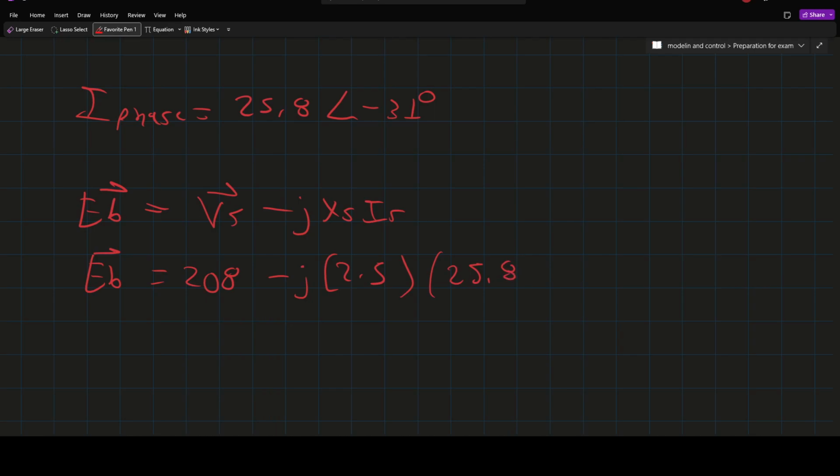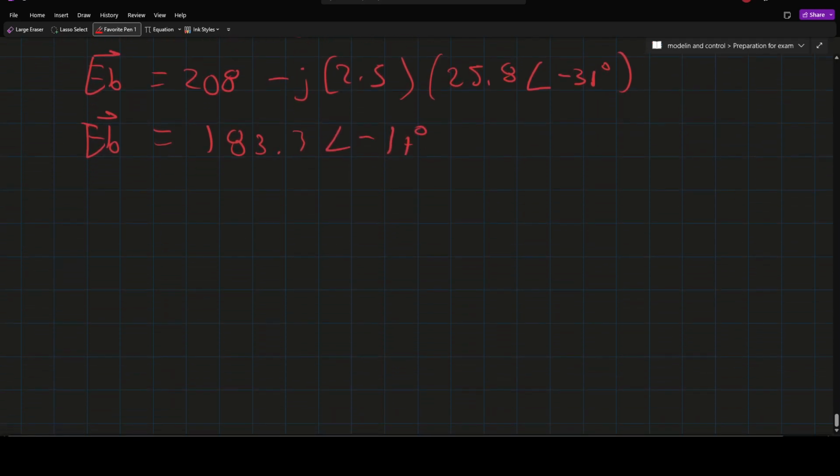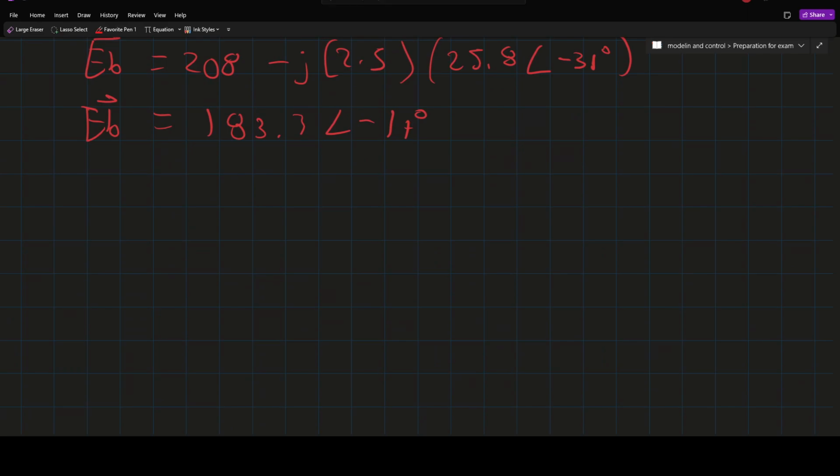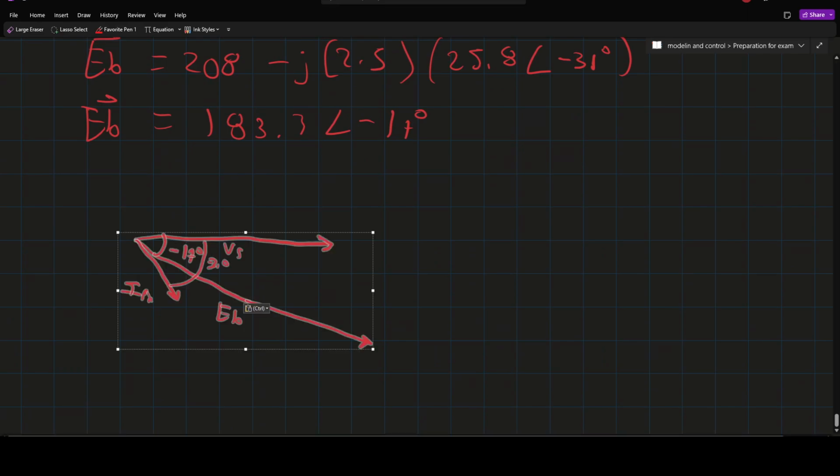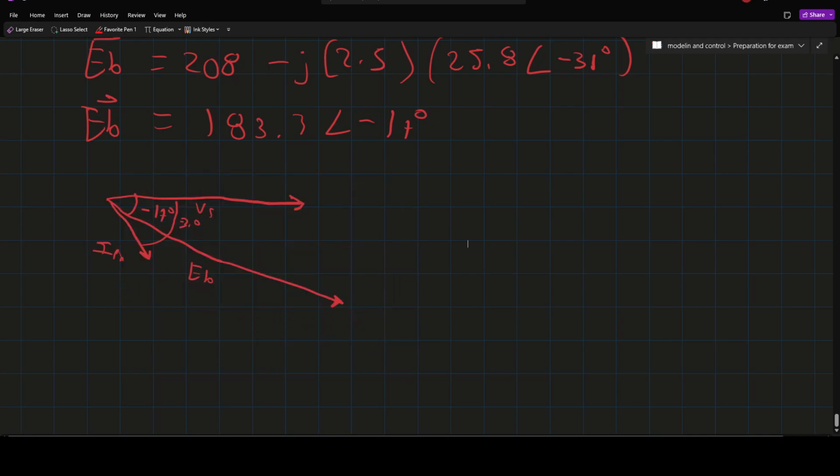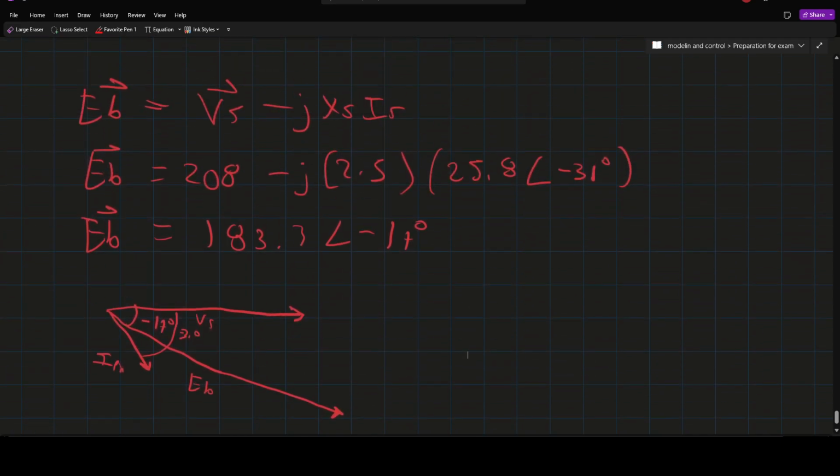Now remember, here we are using the power factor angle because this is the initial condition that they are giving us. So EV is just going to be 183.3 with an angle of minus 70 degrees. And when we draw this phasor, it's going to look something like this.